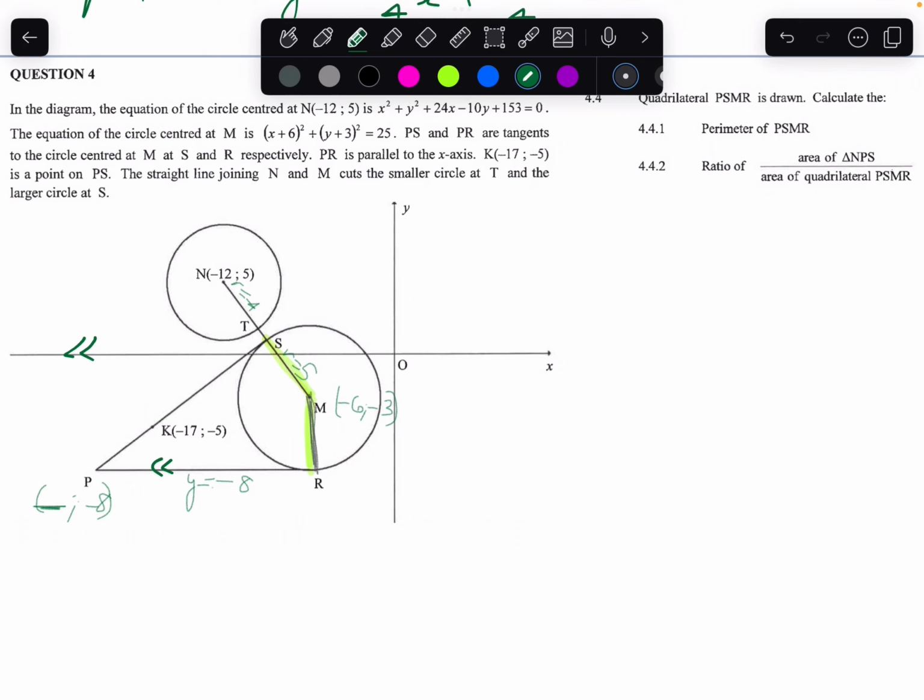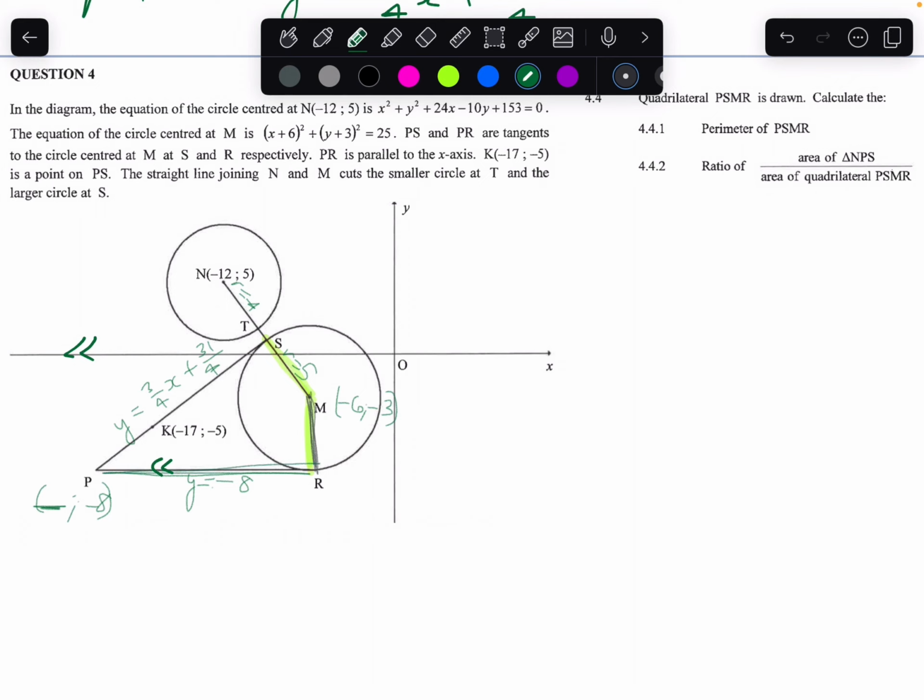And then this one we worked out to be y is equal to 3/4 x plus 31/4, right? Yes. Okay, so we can then just take this -8 and put it over here and solve for x, and that would give us the x coordinate for P, and then from there we could work out the length of this tangent.